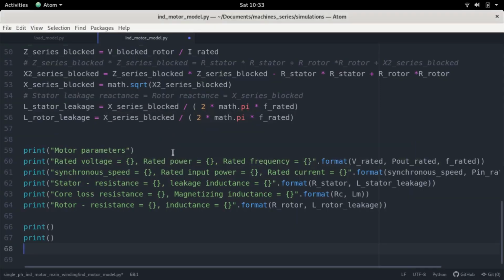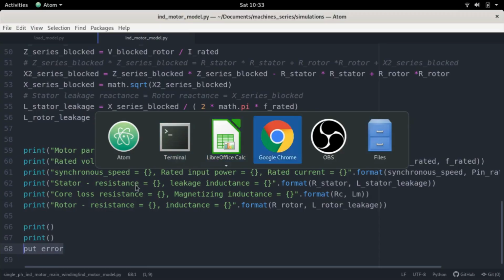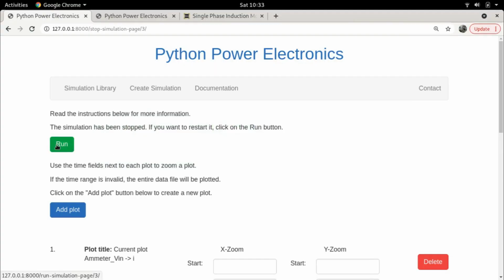I'm going to just say, give a couple of lines and say put error. The reason is this line is not valid Python syntax. So when it tries to run the simulation, it'll give us everything else until here, and then it'll say invalid syntax. So let's go and run the simulation.